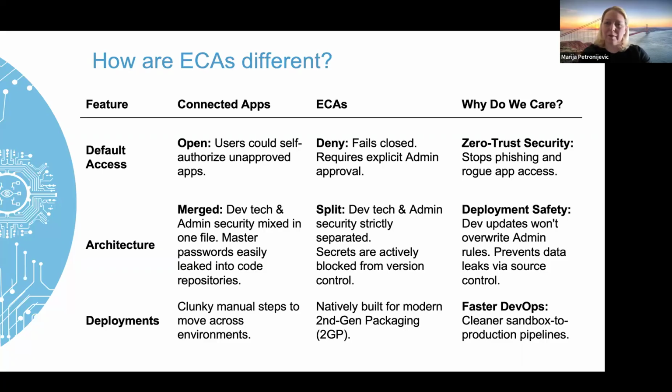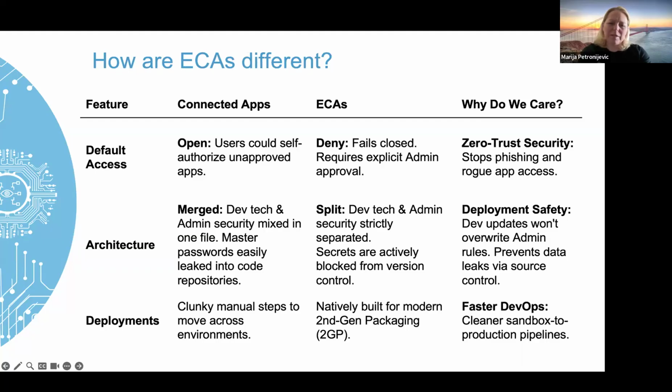It's stored in different metadata files, and only developer ones can be deployed. So your developer can build an app and package it, and then the admin separately builds the permissions for that app and configuration of secrets and tokens. So that helps with deployment safety.